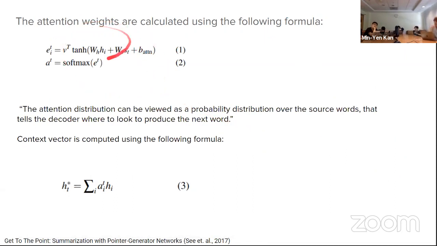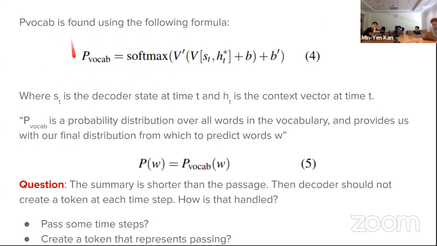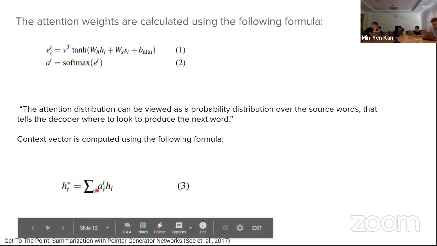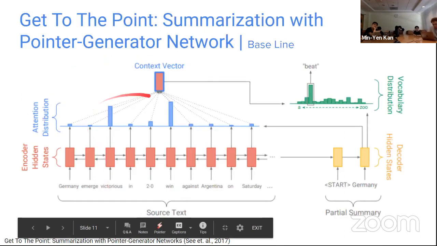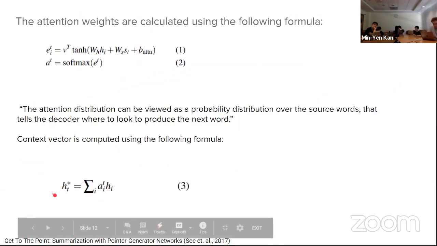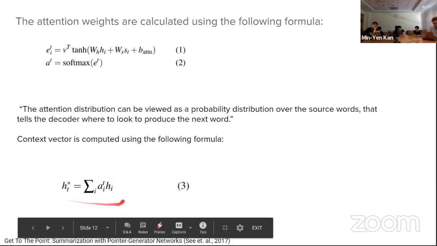They combine these linearly and take a softmax in the end, and they have their attention distribution. This attention distribution is combined with the encoder hidden states to find the context vector. They basically find a weighted sum of all the encoder hidden states according to attention.